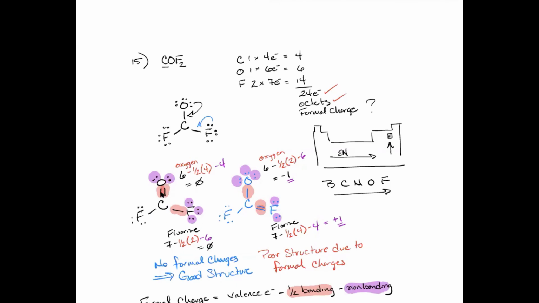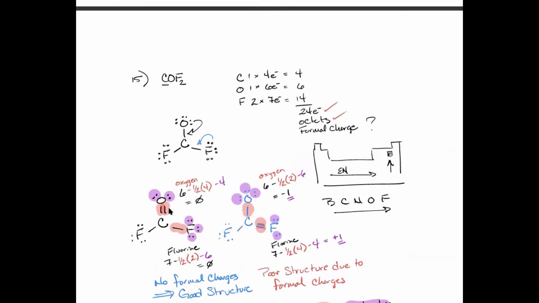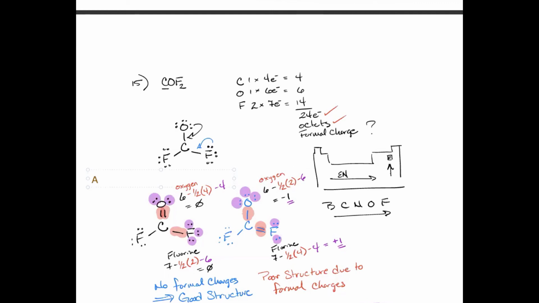But at any rate, what would the shape of this be? How many atoms? 3. Are there any lone pairs on the central atom? No. So it's trigonal planar. That's it.